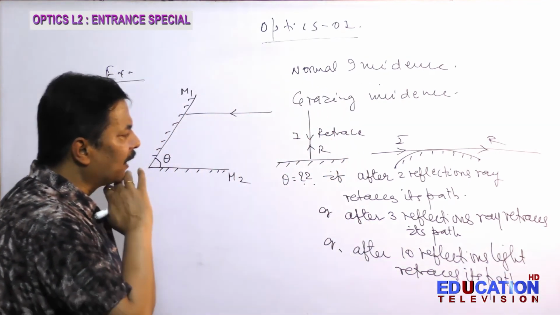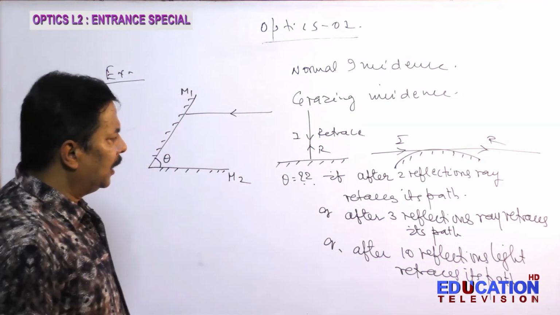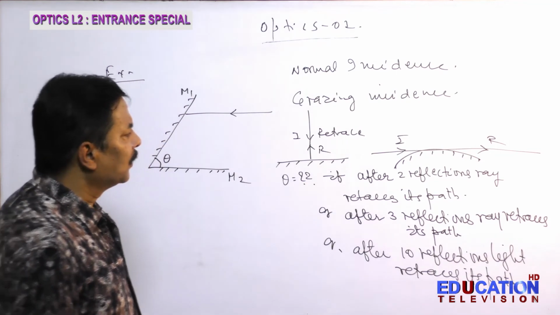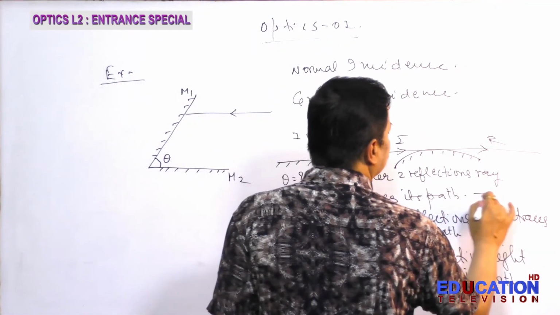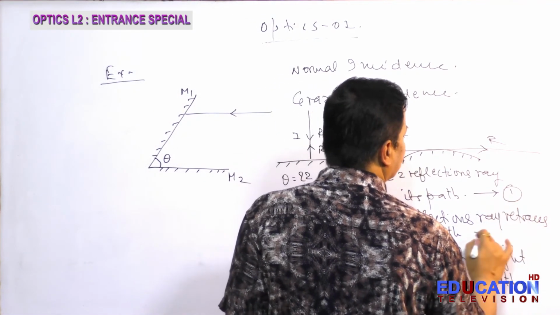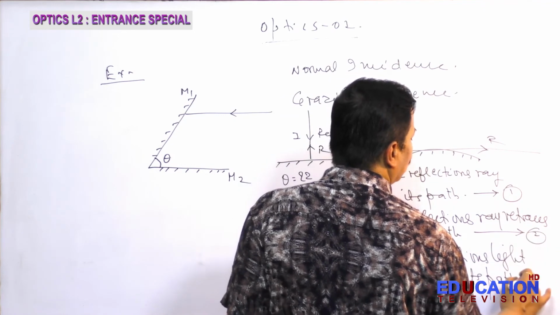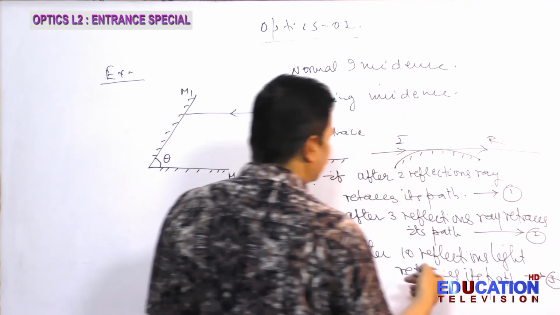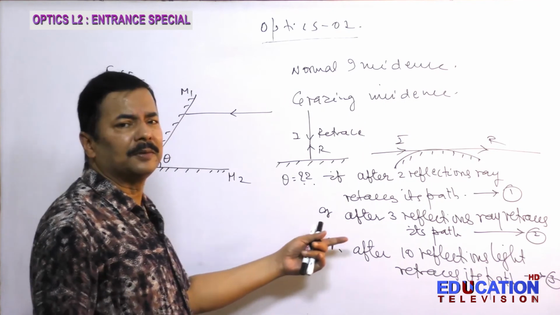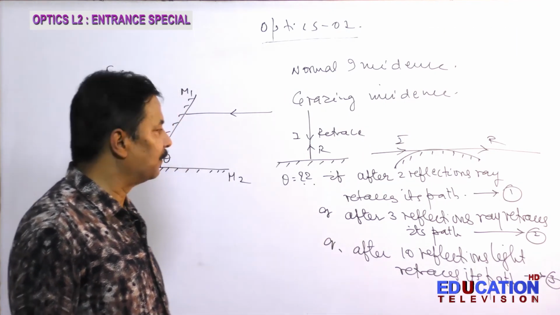In this situation, one question is this, another is this, and another is this. It may be 10, 12, 9, 7, whatever the value is.